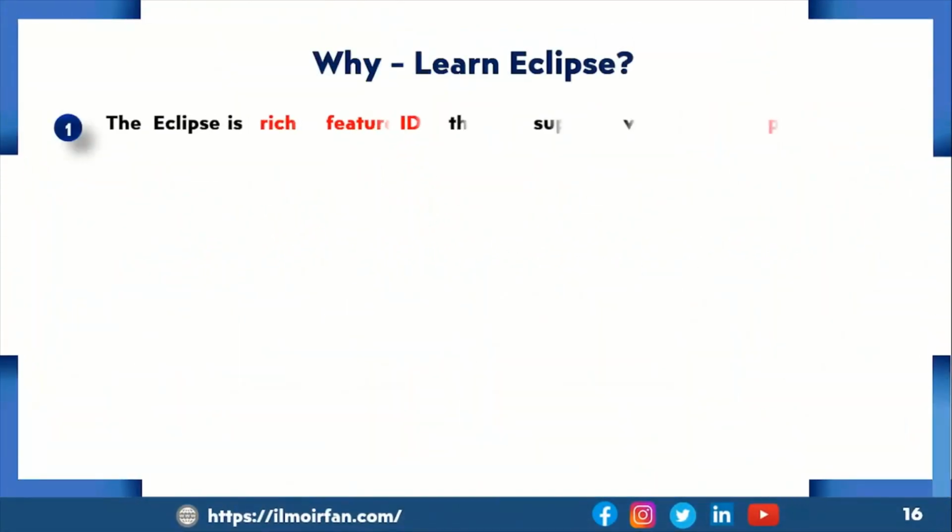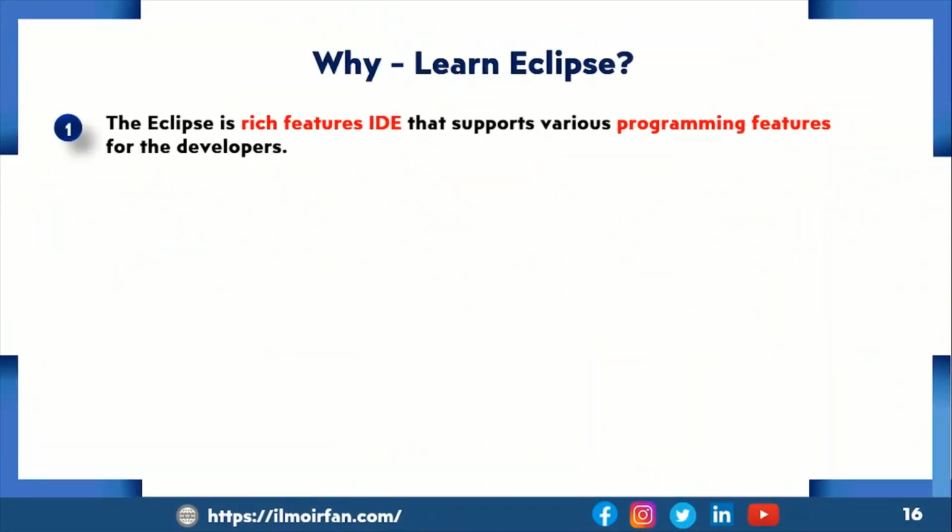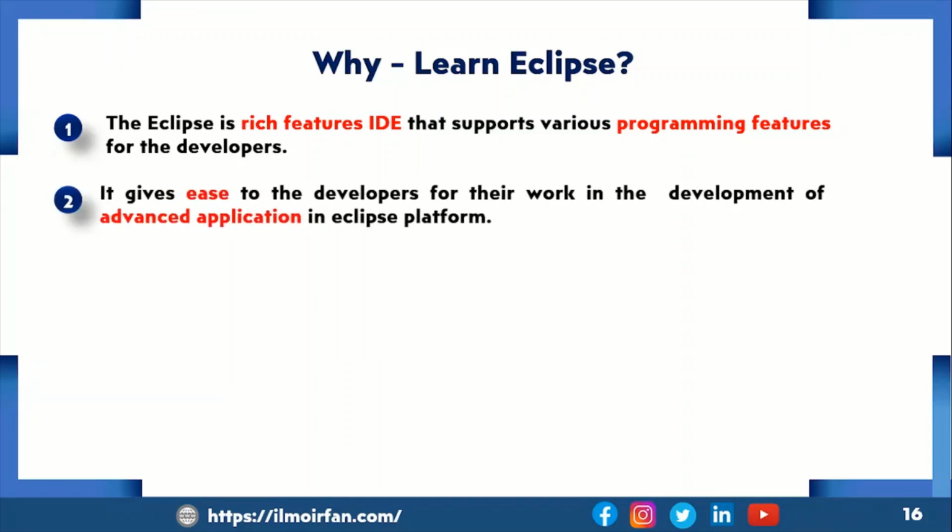The question is, why to learn Eclipse? The possible answer to this question is: number one, Eclipse is a rich features IDE that supports various programming features for the developers. Number two, it gives ease to the developers for their work in the development of advanced applications in the Eclipse platform.